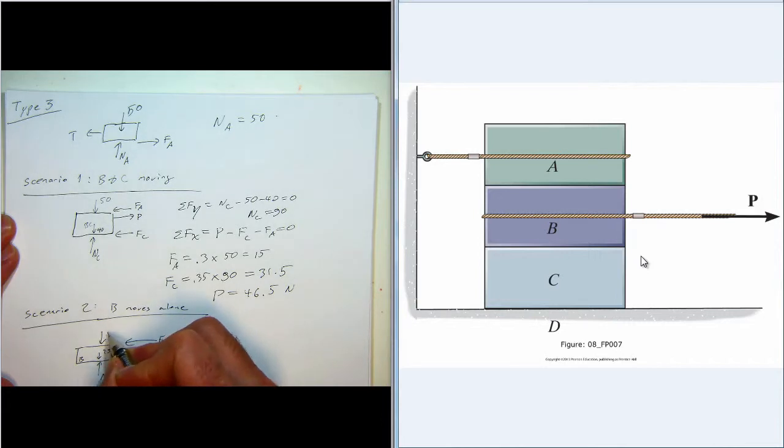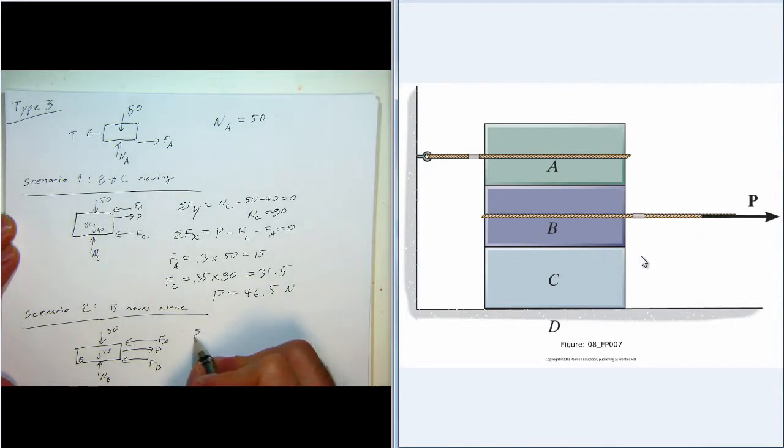And here's NA, which we found was 50 newtons. So we'll just do the same thing. We have force balance in the Y, which gives us that NB is 75. And forces in the X, we have P minus FA minus FB.